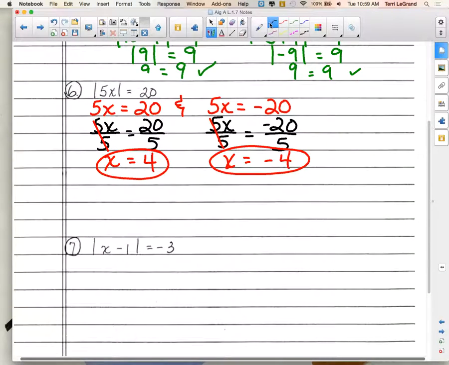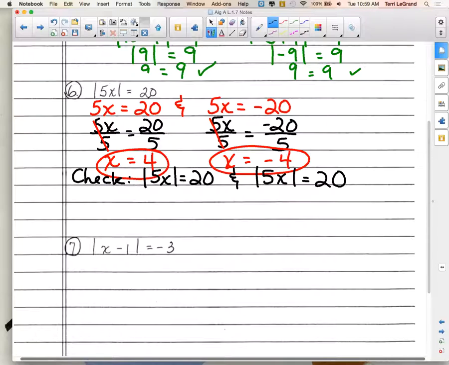Now we will go and do a check problem. We will write down that absolute value equation, how it started. And since we got two solutions, we have to do it twice. So the same equation, absolute value of 5x equals 20.